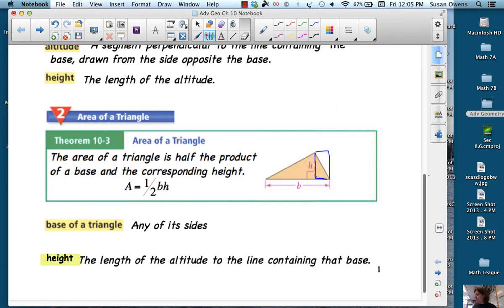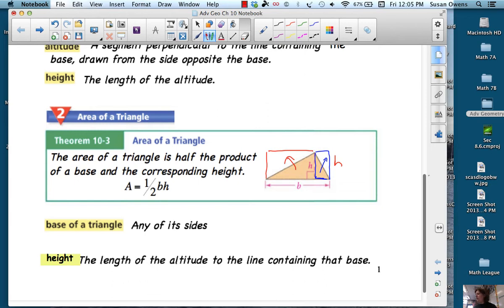We could take this part and duplicate it and put it up there, and take this part and duplicate it and put it here. If we took the whole rectangle, it would be base times height, but we only have half of it, so it's 1/2 the base times height.